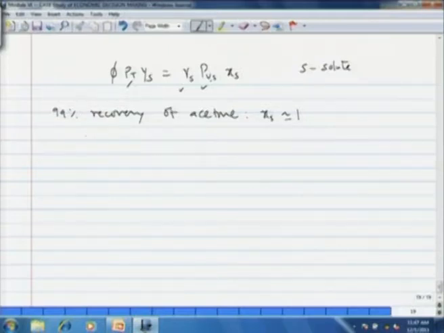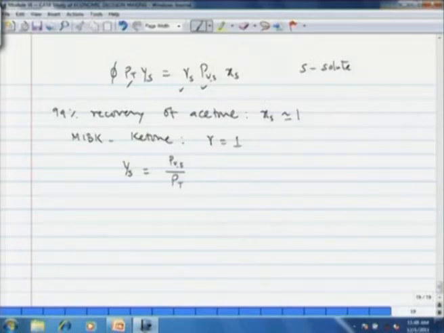Now, if we use MIBK, then it is essentially a ketone, and therefore, the activity coefficient is likely to be close to 1. Okay. And therefore, what we have is YS, that is the mole fraction of solvent exiting with the exit gas or the air, will be YS equal to PVS by PT.